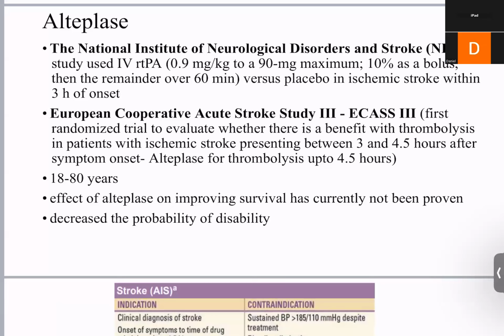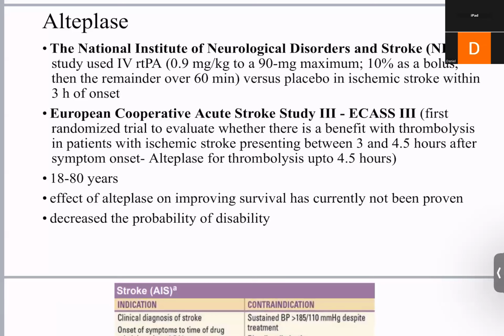So based on this, we are giving alteplase. To extend this beyond 3 hours up to 4.5 hours, there was the European Cooperative Acute Stroke Study 3. This was the first randomized trial to evaluate whether there is benefit of thrombolysis in ischemic stroke patients between 3 to 4.5 hours after the symptom onset.